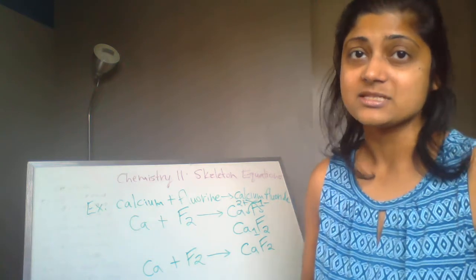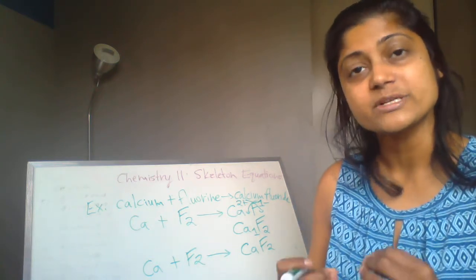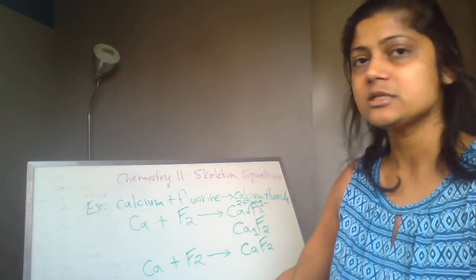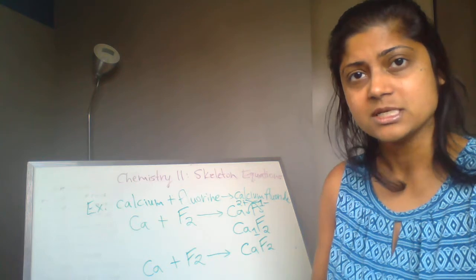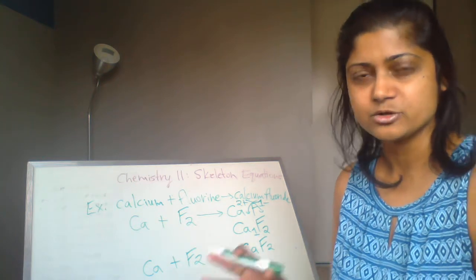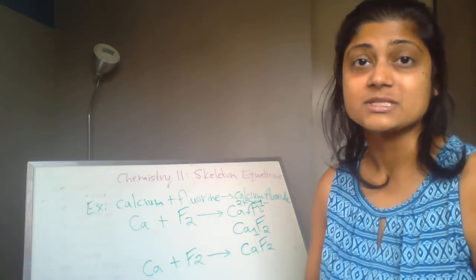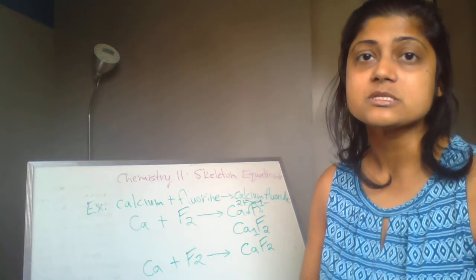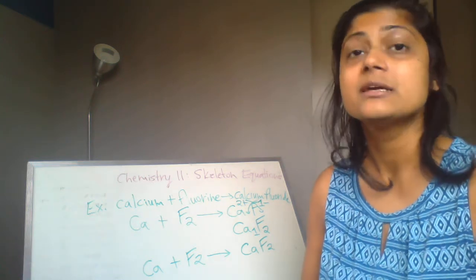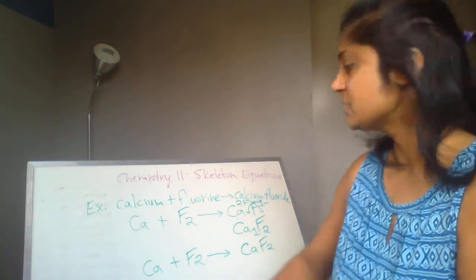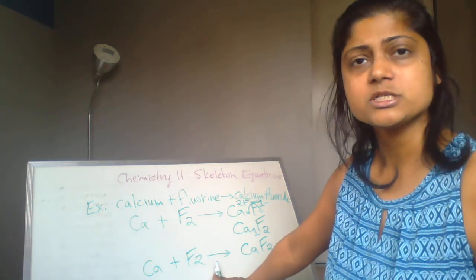As soon as I write the skeleton equation, I have to make sure it's balanced. What we need to get used to is writing the numbers in front, and I should be able to see and make sure it's balanced without drawing out the table. The table is only if you're having a lot of difficulty with balancing the equations. That's when I would draw out the table. This equation is pretty simple.